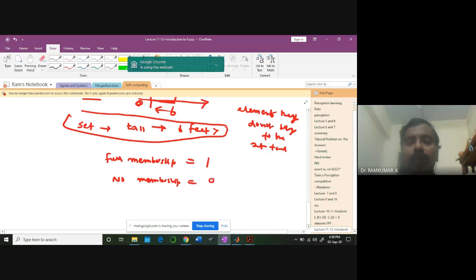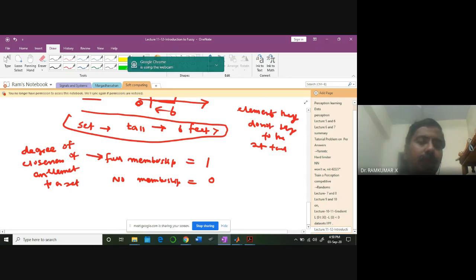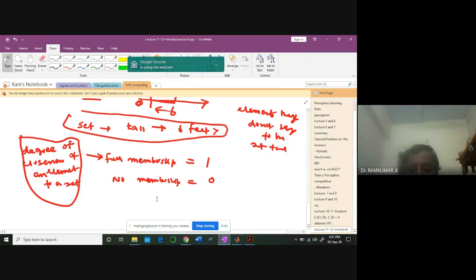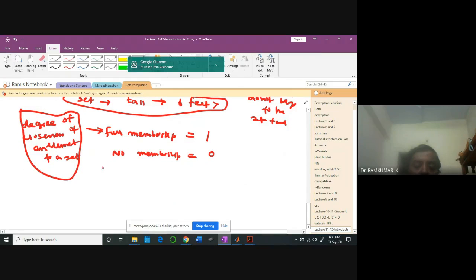So what is membership? Membership is nothing but the degree of closeness of an element to a set. So what is the degree of closeness of an element? An element, in this case a person, is 7 feet tall.